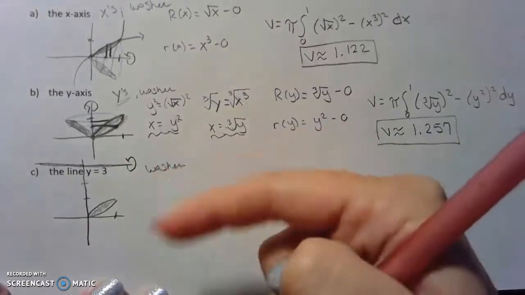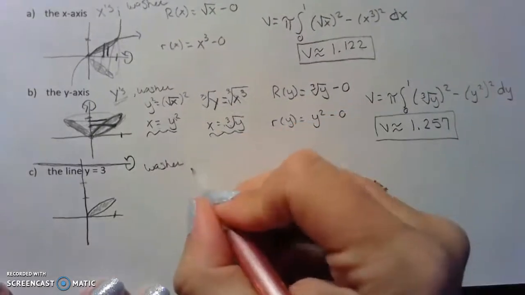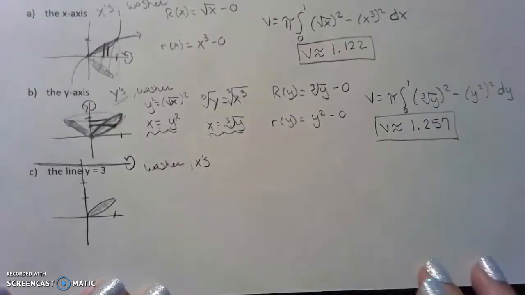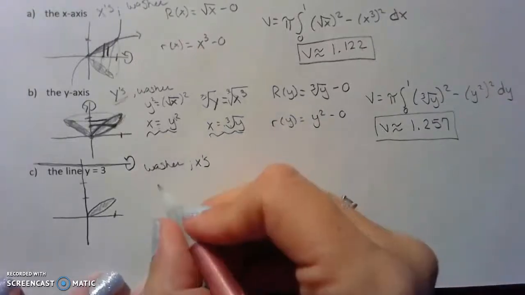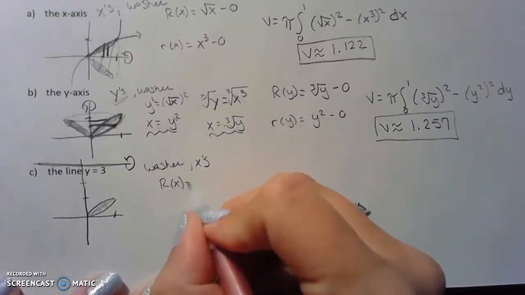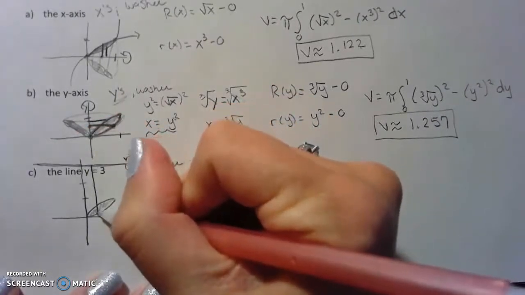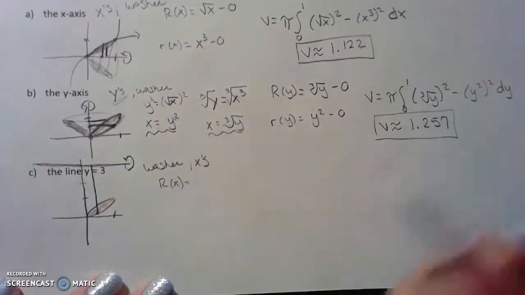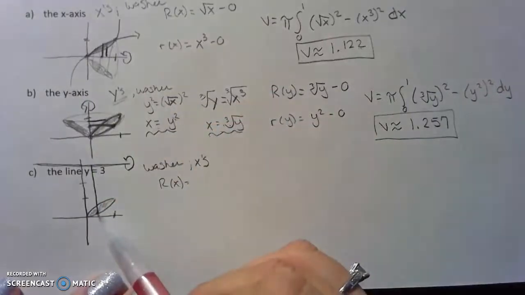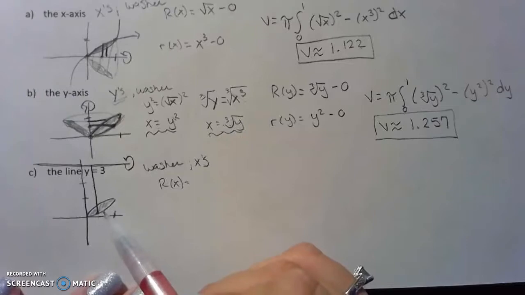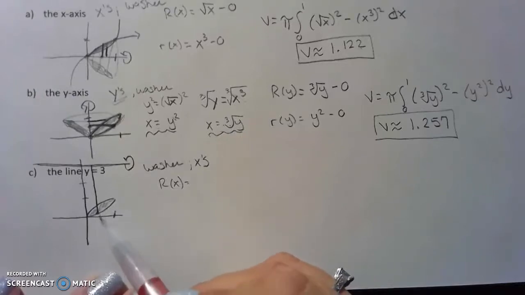It's a horizontal rotation, so that means we're going to leave everything in terms of x's. Let's find the outer radius, from this line all the way here. Now be careful, please. The equations we are given, the square root of x and x cubed, are from the x-axis to those lines.